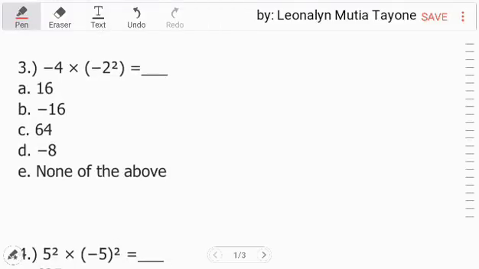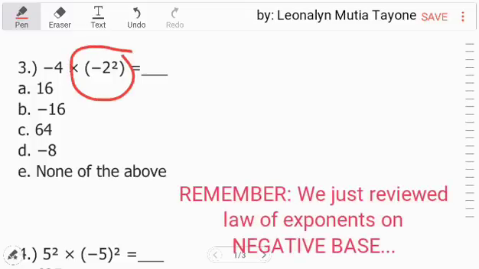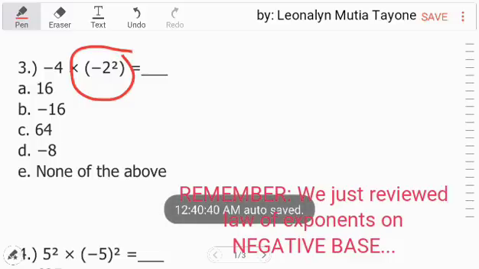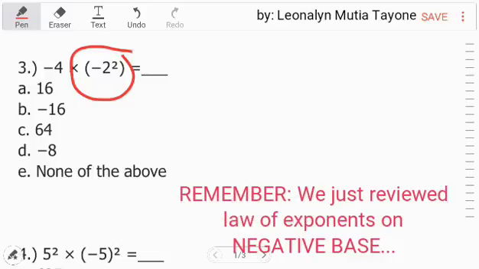Next, negative 4 times negative 2 raised to 2. Many people make mistakes here. We reviewed the law of exponent on negative base before we started. But if you still don't agree, review on your own about the law of exponent on negative base.